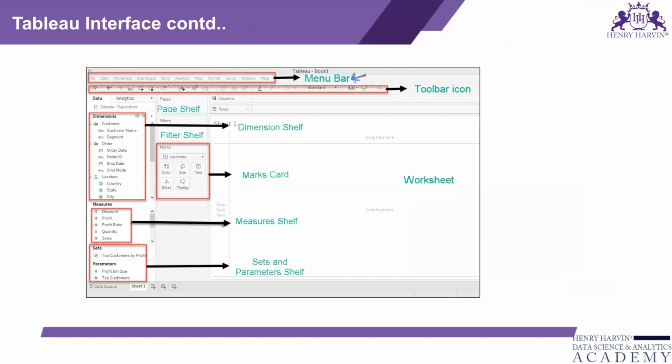Here we have all the tools, if you observe. So this is called your toolbar icon. This is your dimension shelf. This is your measure shelf. And here we have sets and parameters. This is your marks card. And this is the worksheet. Whatever we are doing is displayed over here. This is your pages shelf. This is how your interface looks.